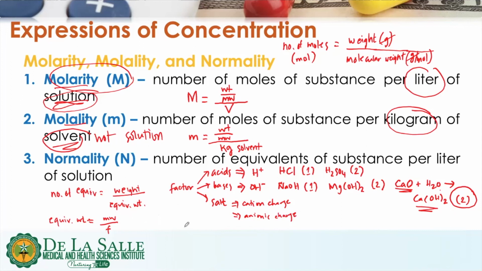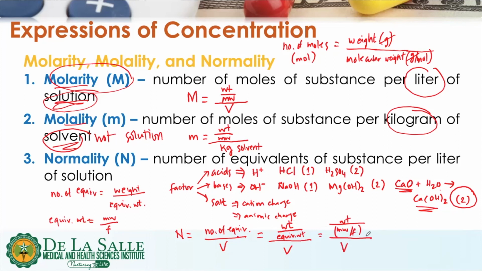Now, if we take note of the definition of normality, which is the number of equivalents of the substance per liter of the solution, therefore, normality is equal to the number of equivalents divided by the volume of the solution in liters. Number of equivalents is equal to the weight of the substance divided by its equivalent weight, divided by volume, and equivalent weight is equal to molecular weight divided by factor.